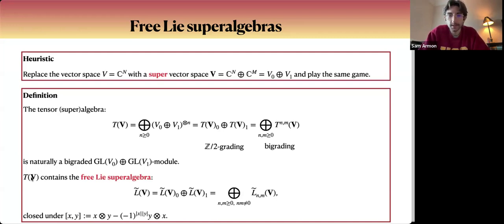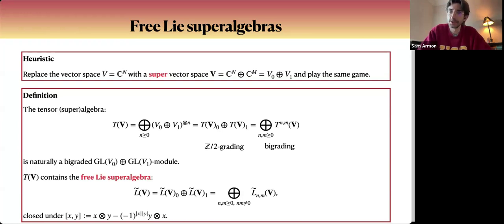And then inside the tensor algebra, I can form the free Lie superalgebra, where just as before, if I fix bases for my even and odd components of my super vector space, I take all possible brackets and iterated brackets on that basis, except now the way I define my bracket is up to an extra little sign of (-1) to the degree of x times the degree of y.